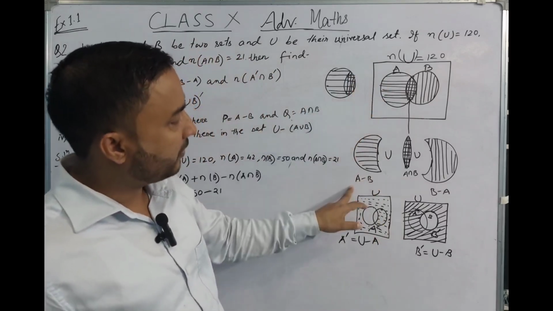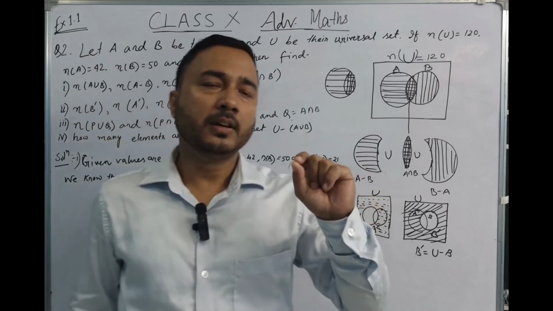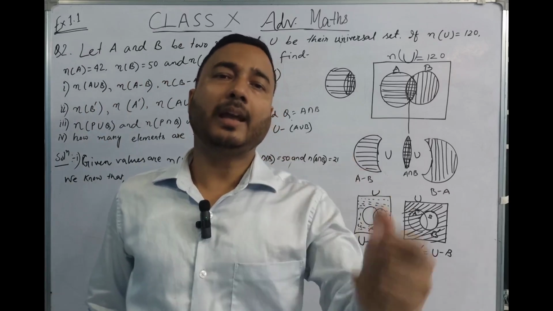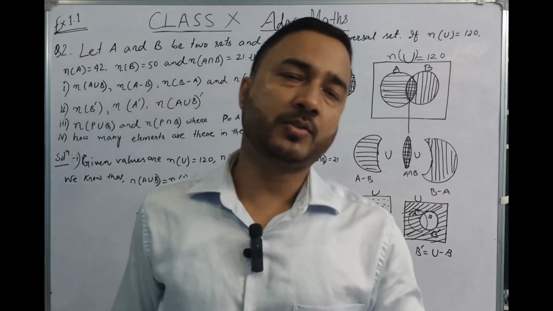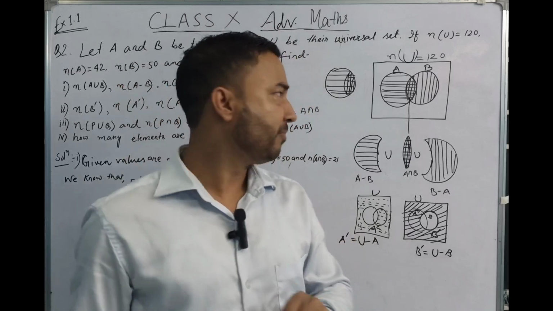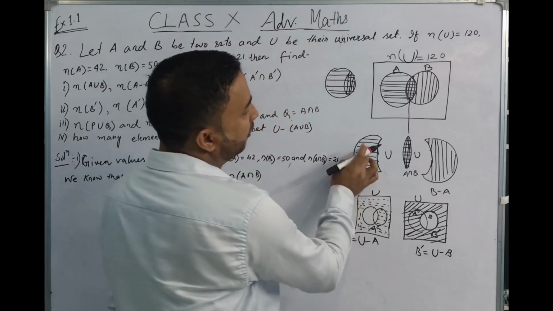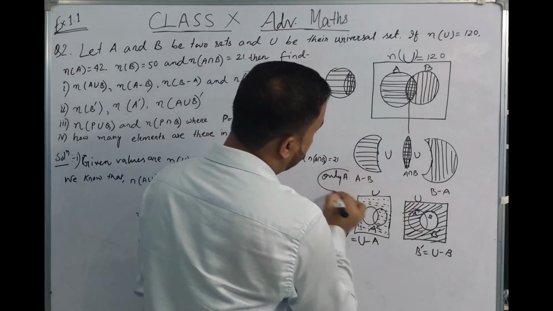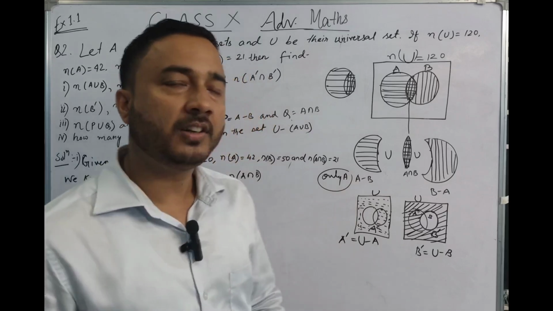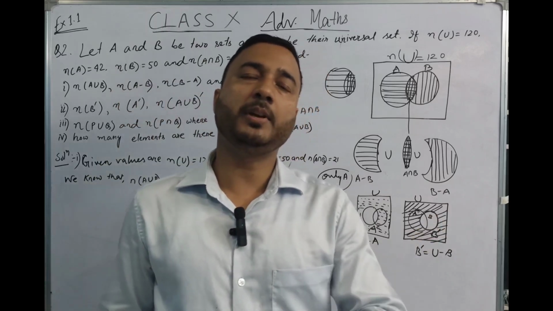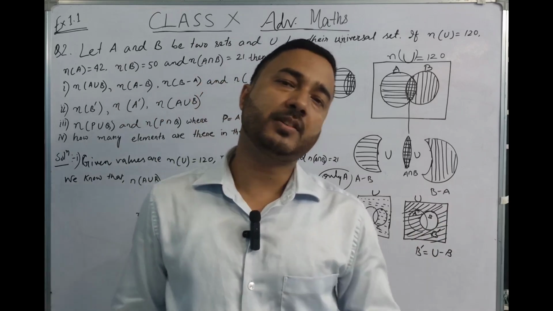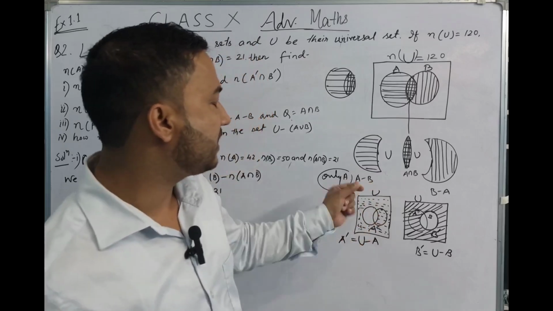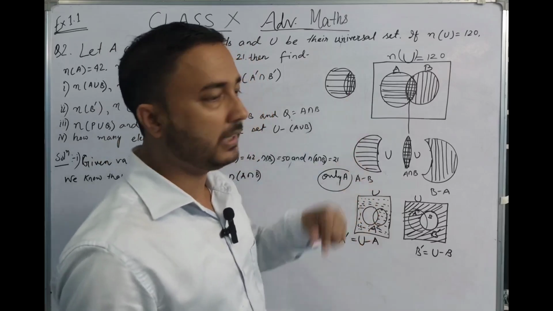Now what is A difference B? A difference B is the set where the elements are of only A. You have to remember this word, only A. In some word problems you will have the same wording: only A, only B. Only A means A difference B, that means this is exclusive to the set A only.